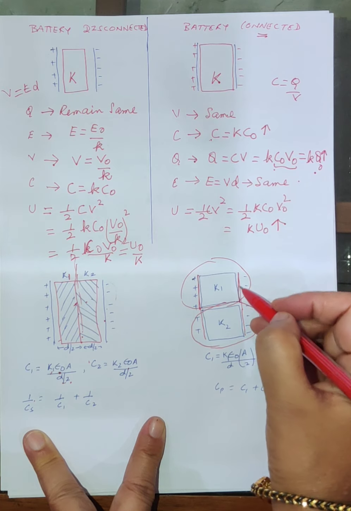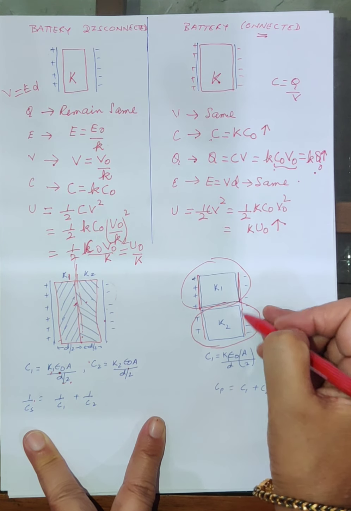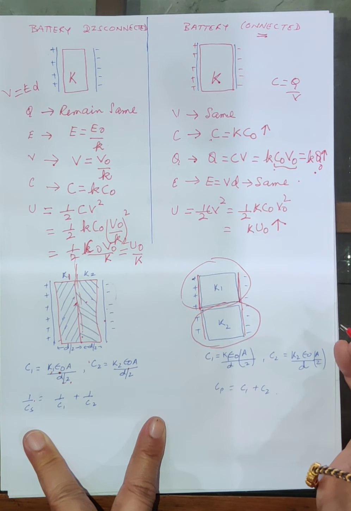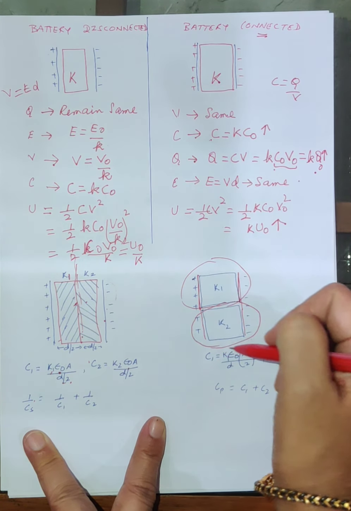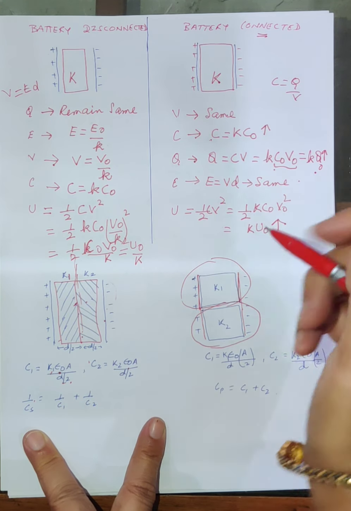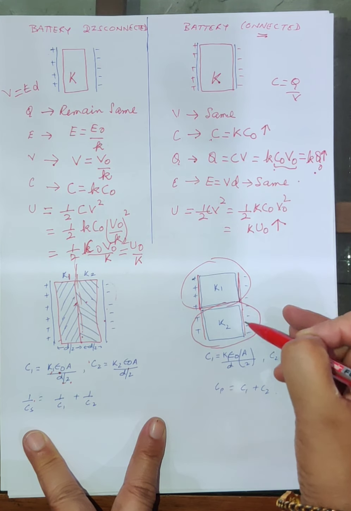What you see is that this plate and this plate are connected together, and this plate and this plate are connected together. That means you can visualize this as what? This is two capacitors connected in parallel.